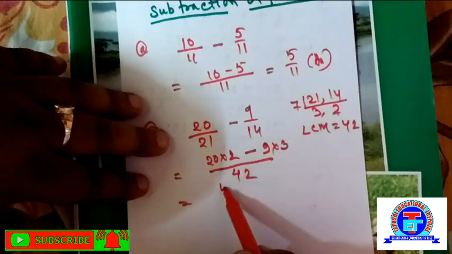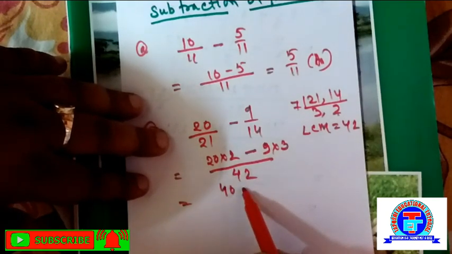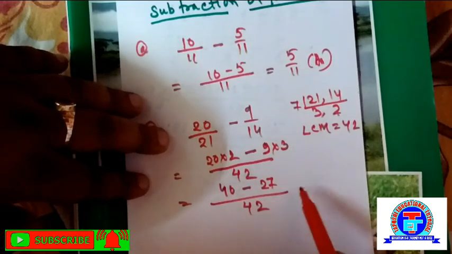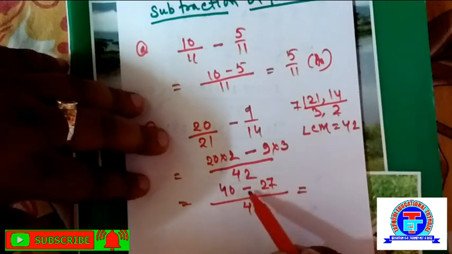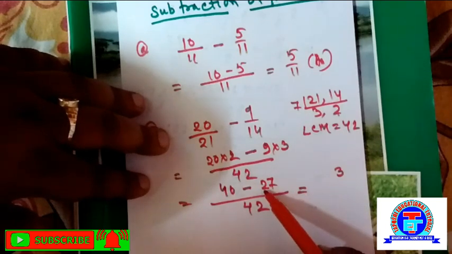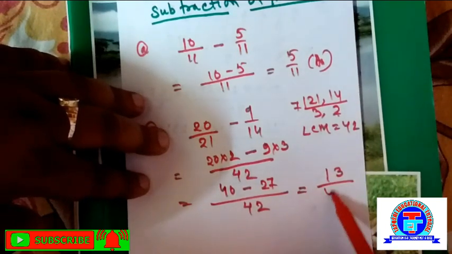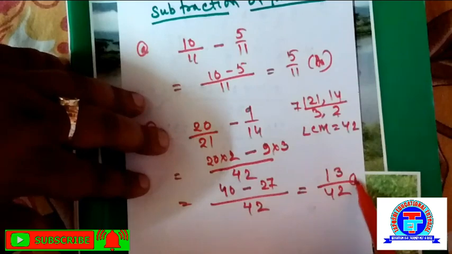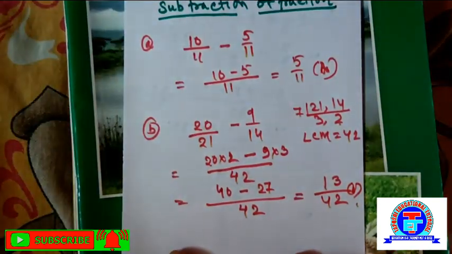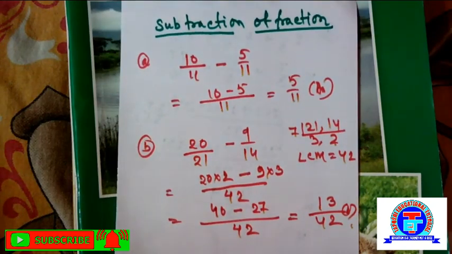So we write here 40 minus 27 by 42, it will become 13 by 42. This is the answer. This is the way that we solve subtraction of fractions. I hope you clearly understand.